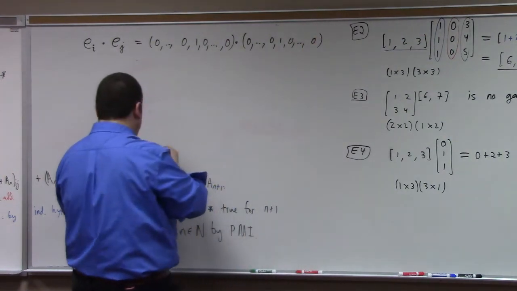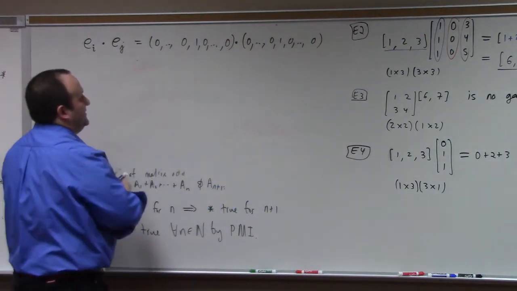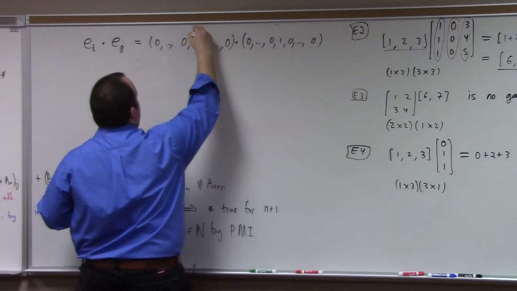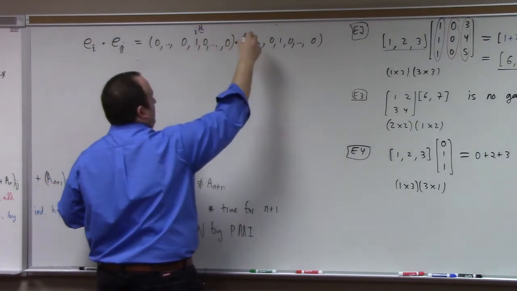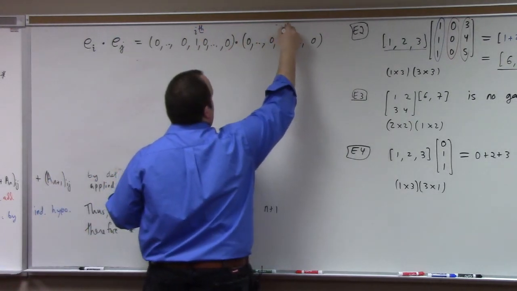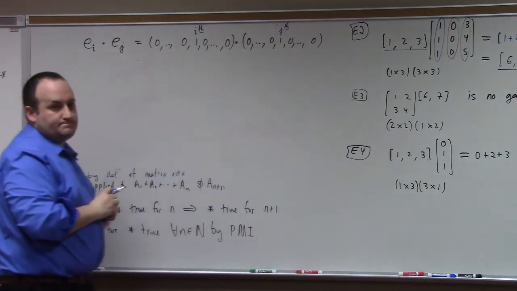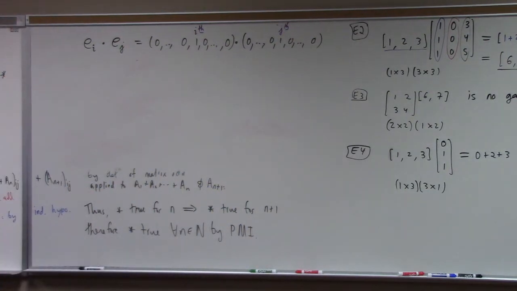Let me be a little bit more clear. This 1 is in the ith spot, and this 1 is in the jth spot. So what's the dot product of e_i and e_j?